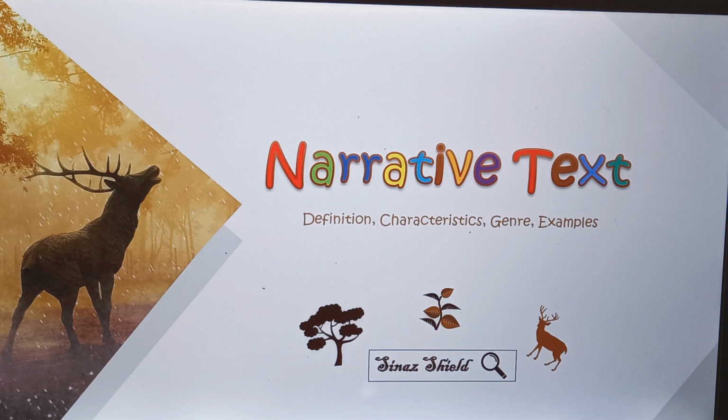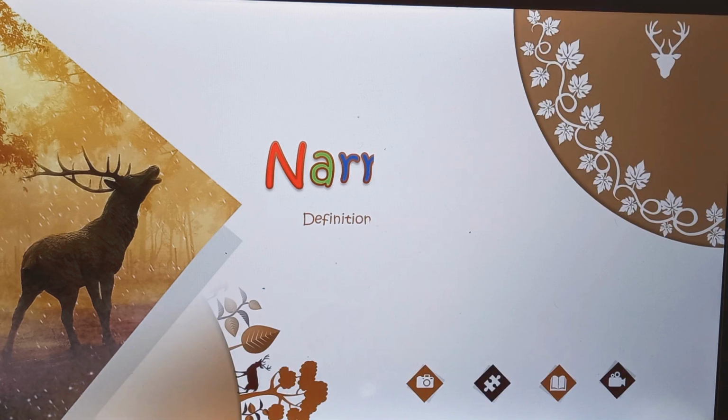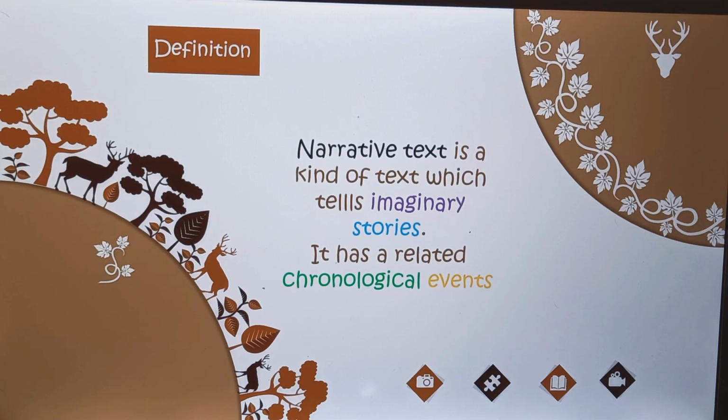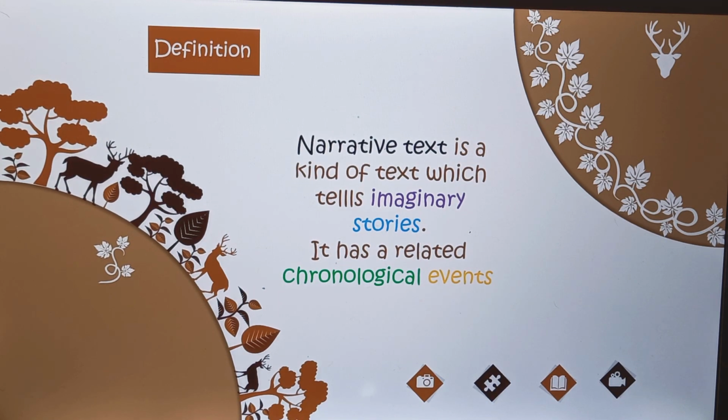Alright, let's start by the definition. Okay, so what is the definition of narrative text? Yeah, here you can see that narrative text is a kind of text which tells imaginary stories. It has a related chronological events.